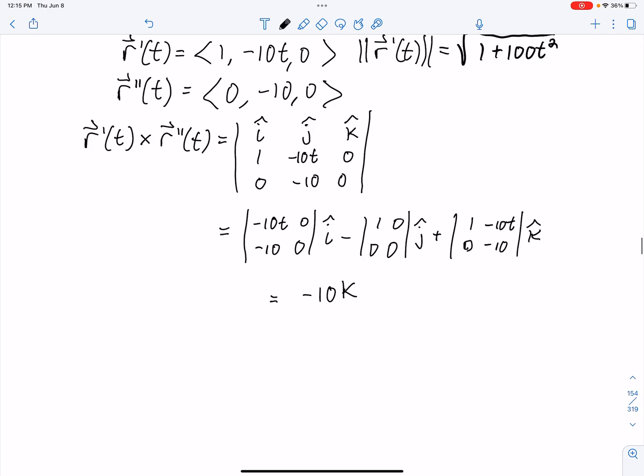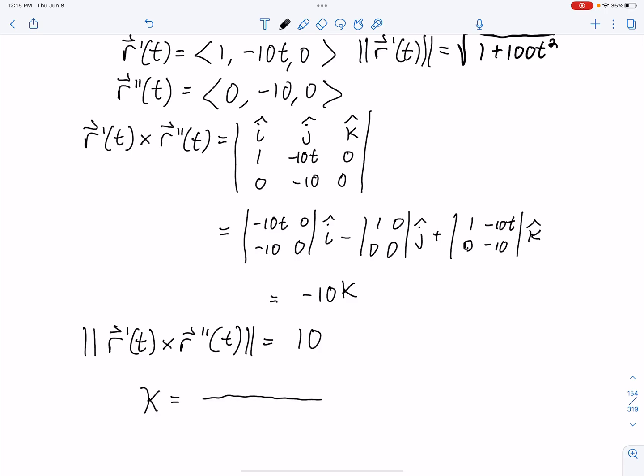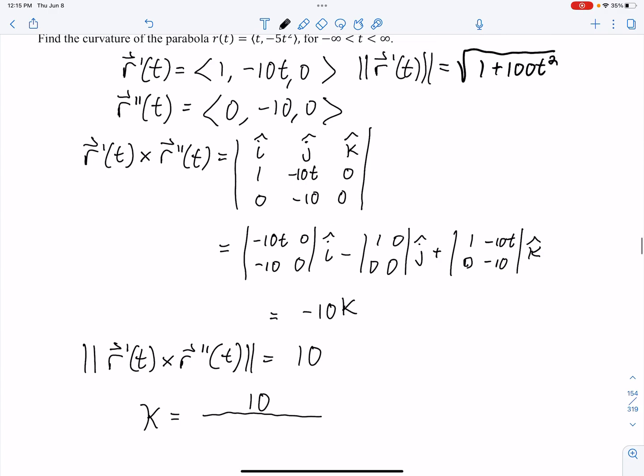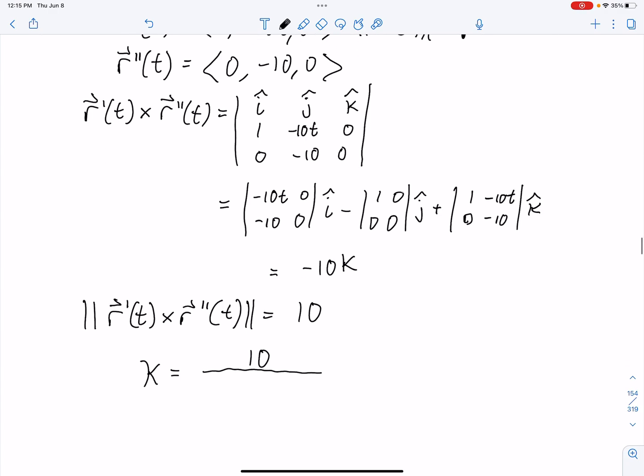But they also want the magnitude of the cross product. I'm going to square it, take the root, I get 10. So curvature is equal to the cross product magnitude on top, and then the magnitude of r prime on the bottom, but it's to the third power.